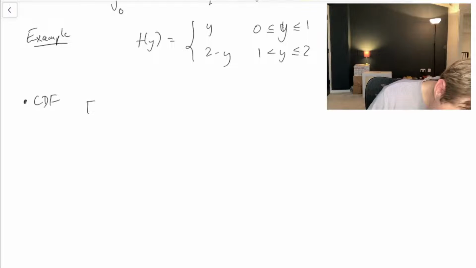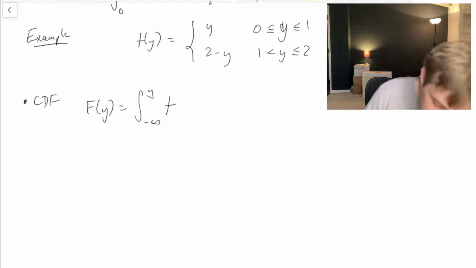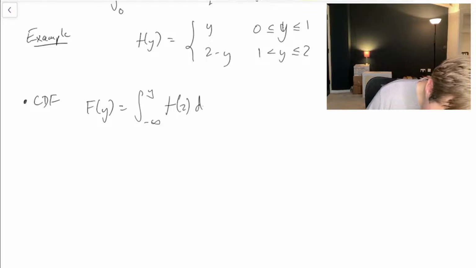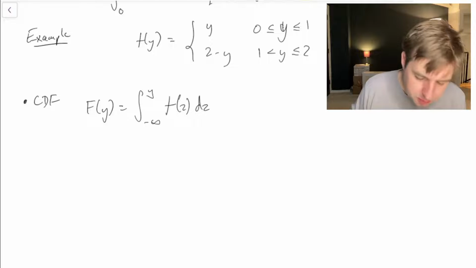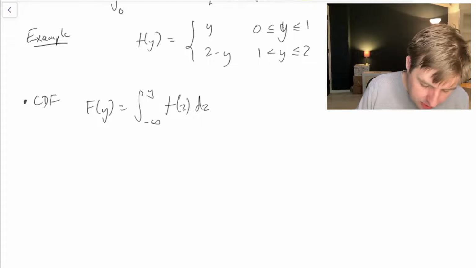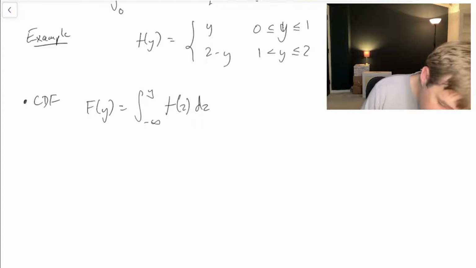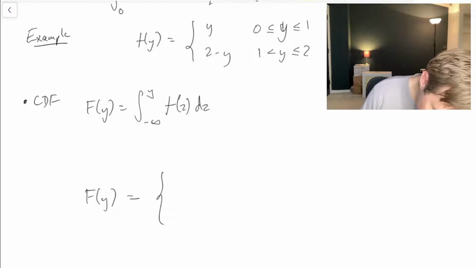So as a reminder, F of y is the integral from minus infinity up to y of f, and because y is in the limit, I don't want to use that inside the integral as well, so let me just use z, but any letter's fine. Because this only takes values between 0 and 2, if y is less than 0, F of y is 0.